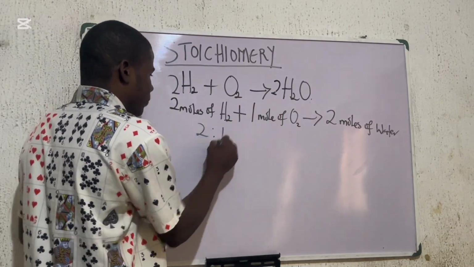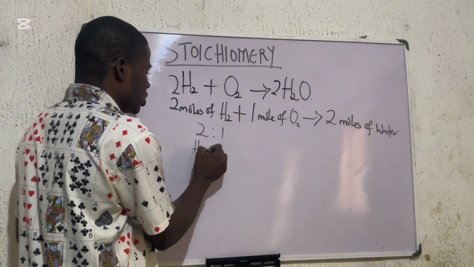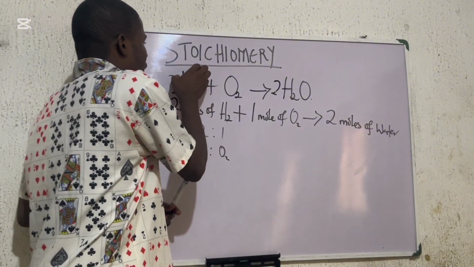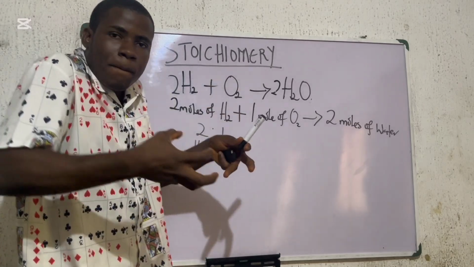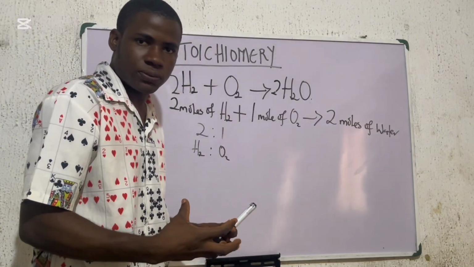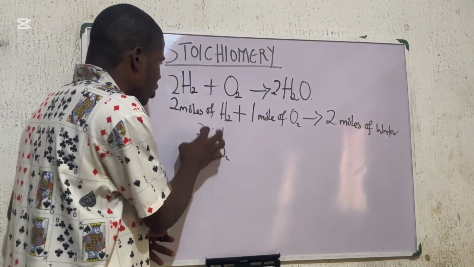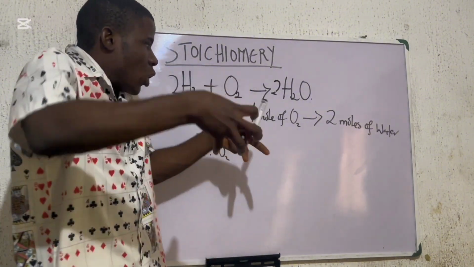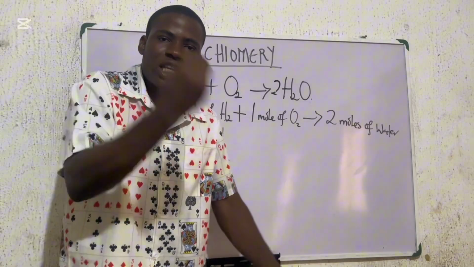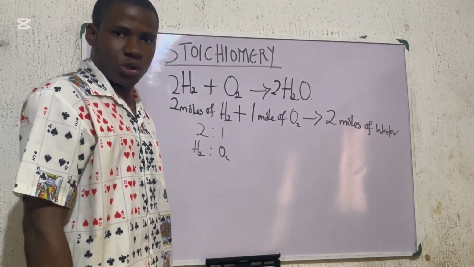That's 2:1, hydrogen to oxygen. The mole ratio to which reactants combine to form product. Does it make sense? The mole ratio to which hydrogen and oxygen combine to form water. That's what we mean by stoichiometry.